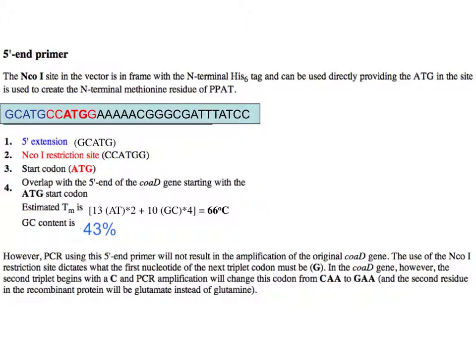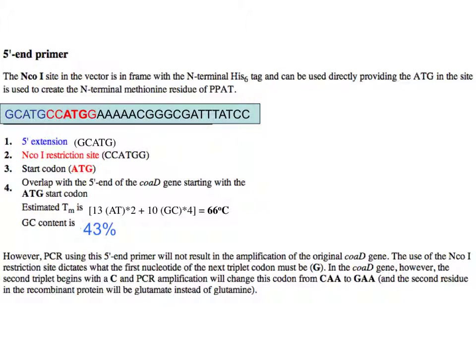When you don't have a situation where the restriction site has a start codon that's in frame, the best thing to do is put the start codon right after the restriction site, and then make sure everything else is complementary. So this is the primer design shown here, and the TM should be calculated starting at the ATG.